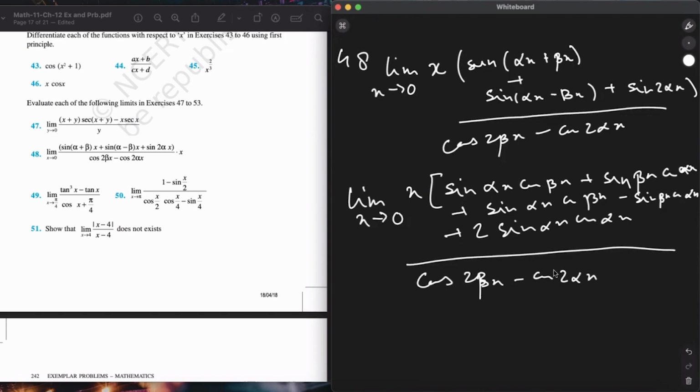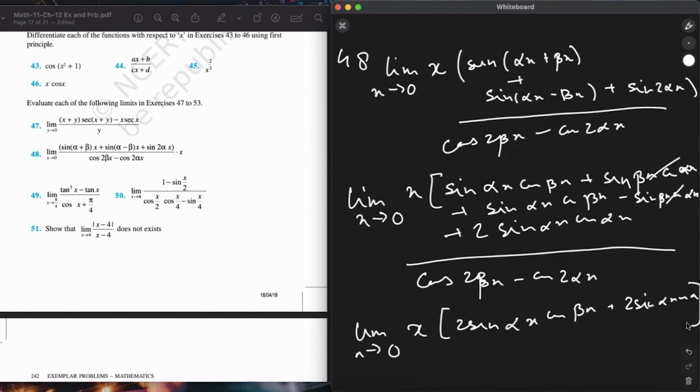Sine beta x cos alpha x is getting cancelled out. Then I'll be left with limit of x tending to 0, there's an x over here, 2 times sine alpha x cos beta x plus 2 sine alpha x cos alpha x.